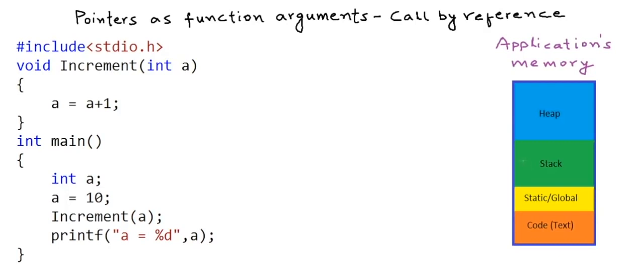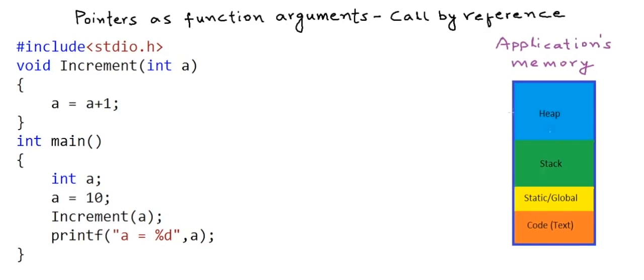Now the third part of the application's memory is called the stack, and this is really important. This is where all the local variables go, and we will mostly be talking about stack in this lesson. And the fourth part is heap, and we will come to this later in our forthcoming lessons.